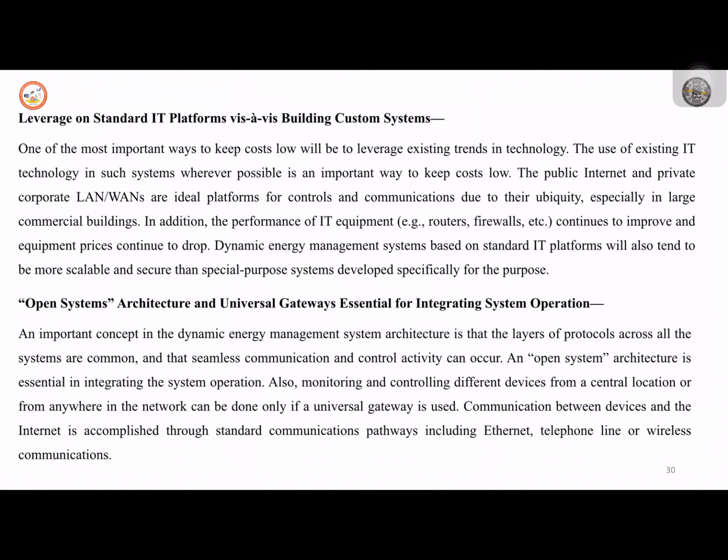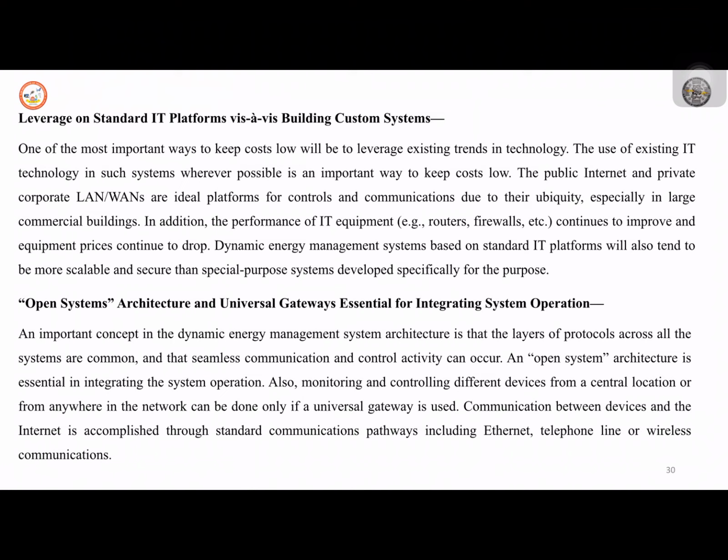Leverage on the IT standards with respect to the building customs. One of the most important ways to keep the cost low is to use the existing trends in technology. The use of existing IT technology in the system wherever possible is an important way to keep the cost on the lower side.